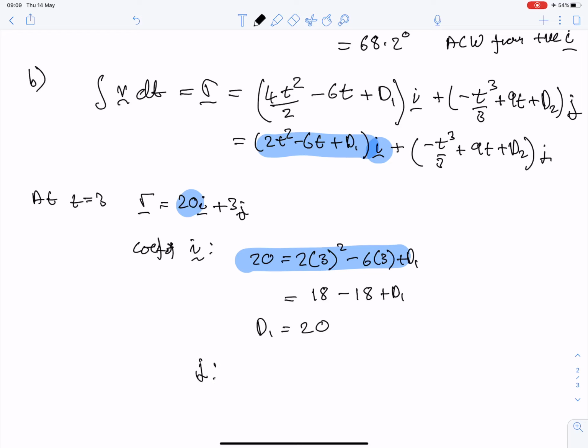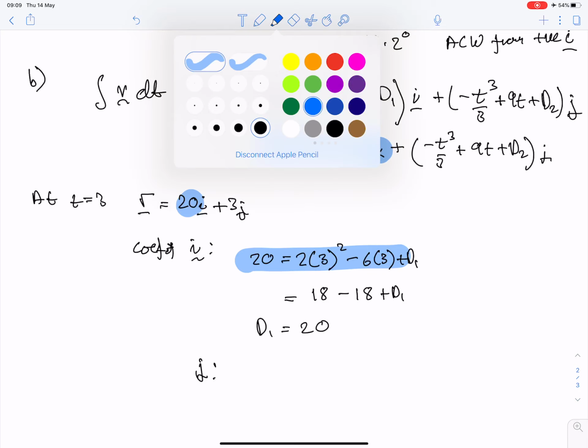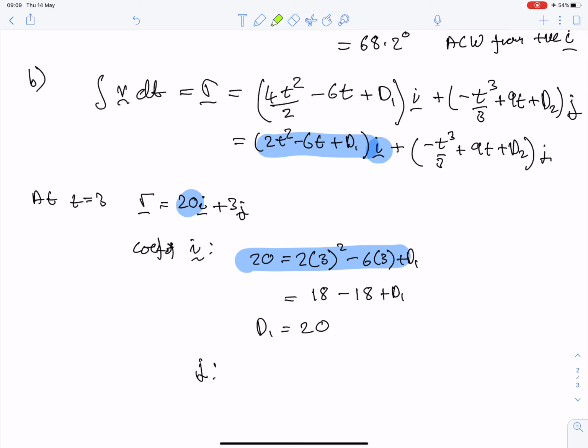Coefficients of j, using the same idea. So for j, we've got that statement, we've got 3. So that's going to give us 3 is equal to negative t, which is 3 cubed over 3, plus 9 lots of 3, plus d2.